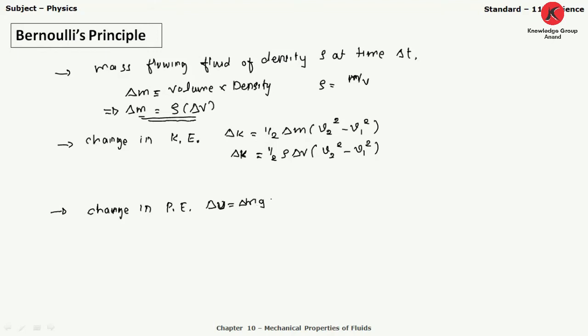So delta m g (h2 minus h1). This will be the equation.